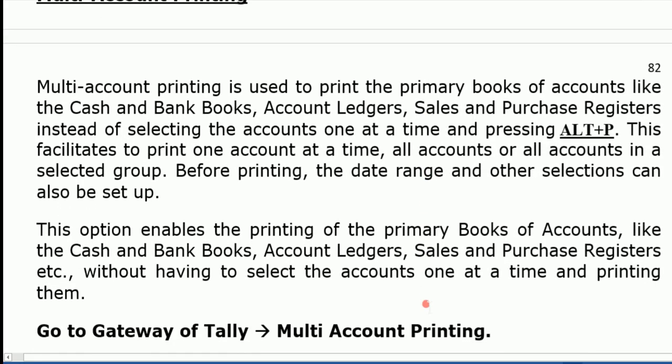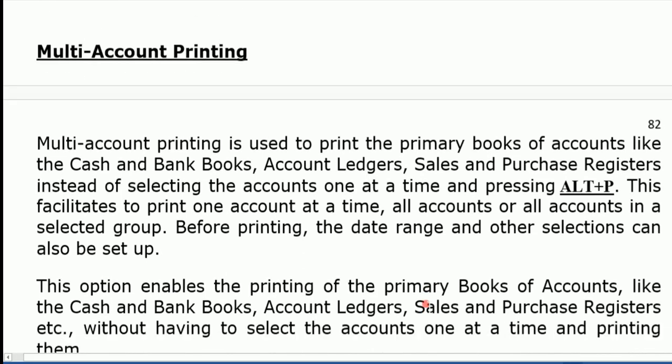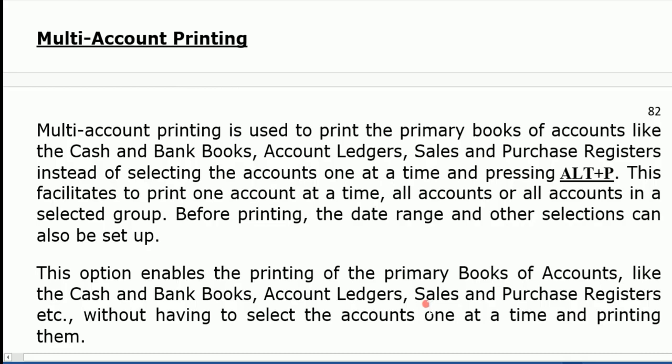Then there is a multi-account printing option which is available in old Tallies. In earlier Tallies, there was an option called multi-account printing. In the new Tally Prime, this option is not available. Multi-account printing is used to print the primary books of accounts like cash book, bank book, account ledger, sales and purchase register.